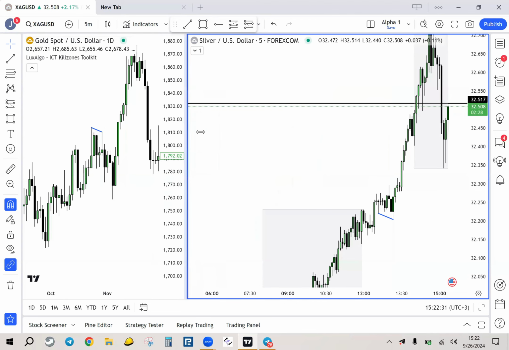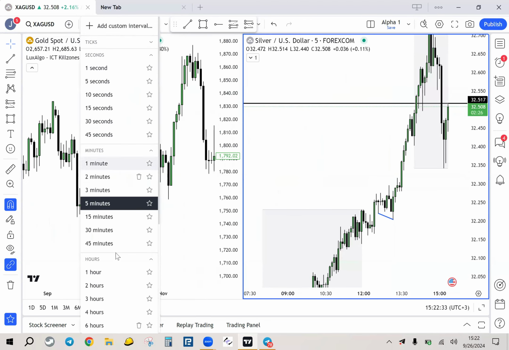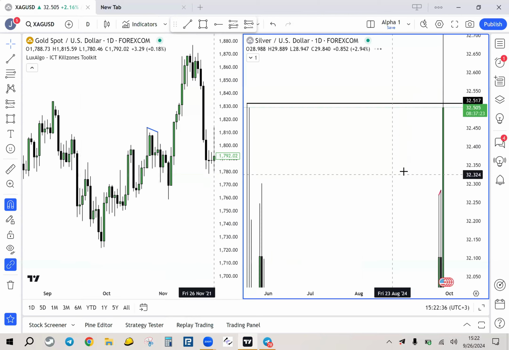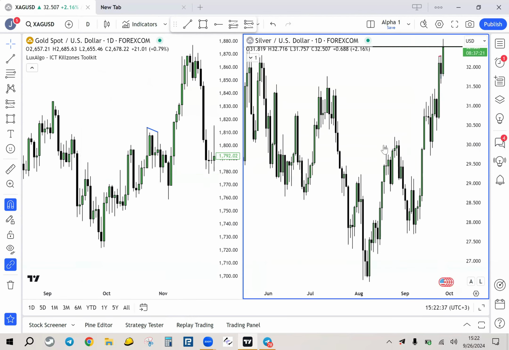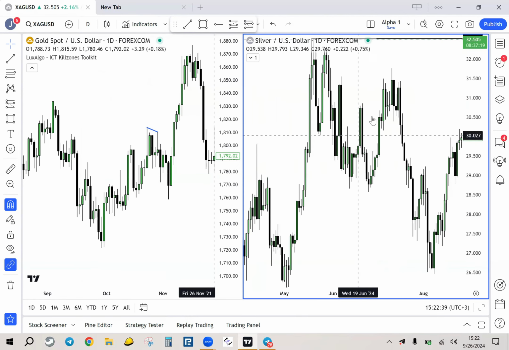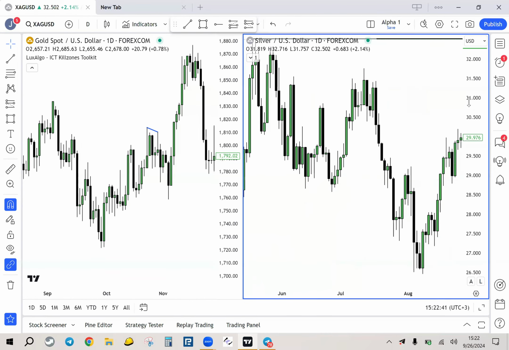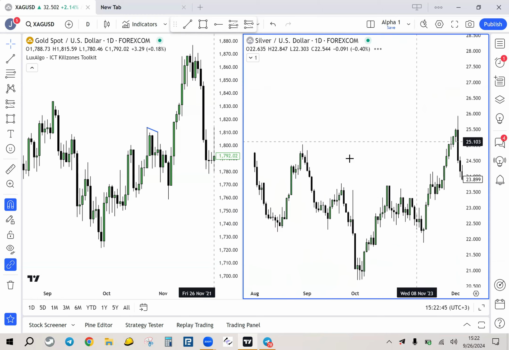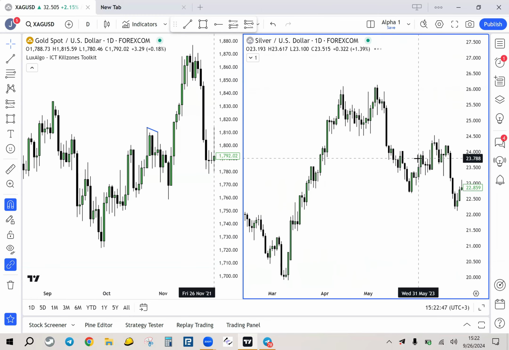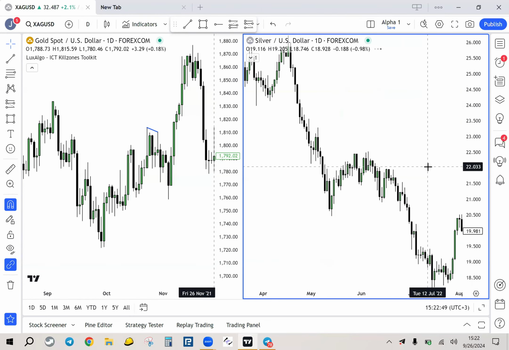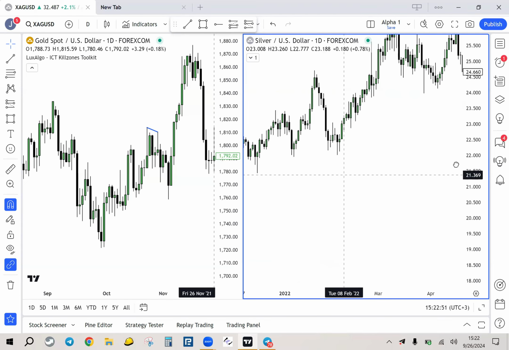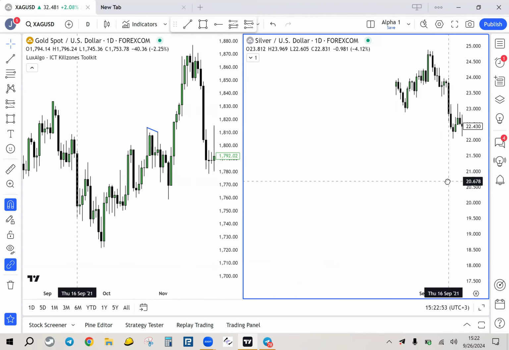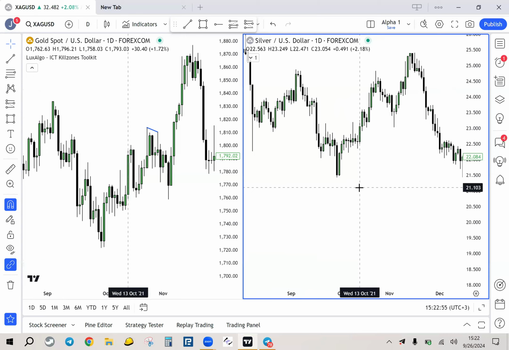So on the right side, we have silver. Let's go to the daily. And it's 2021, right? October 2021.